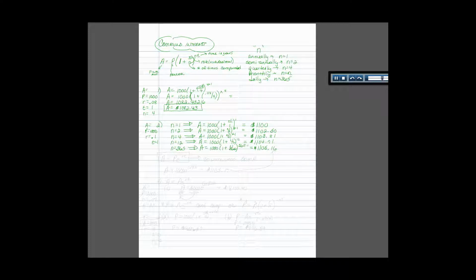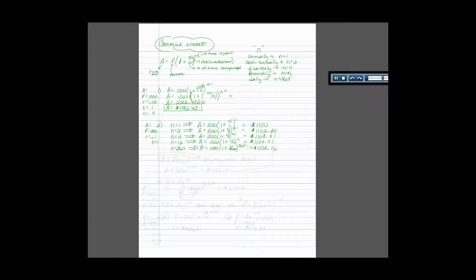Looking at the results from this example that we just did, think about what would happen to the amount after 1 year if the number of times that the interest is compounded were increased without bound. In other words, even more often than once every second, if you want to think of it that way. And there's a formula actually for determining that.